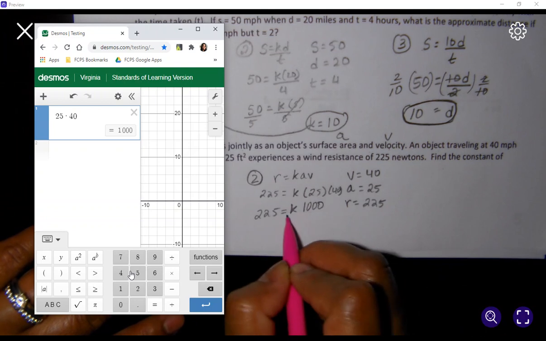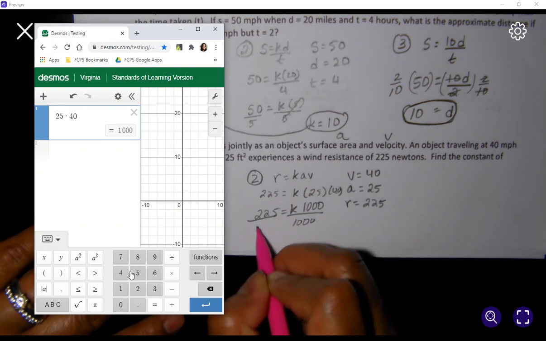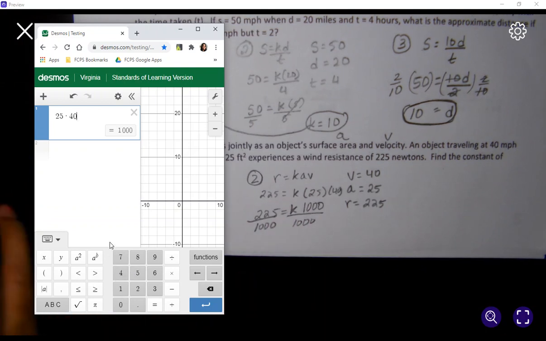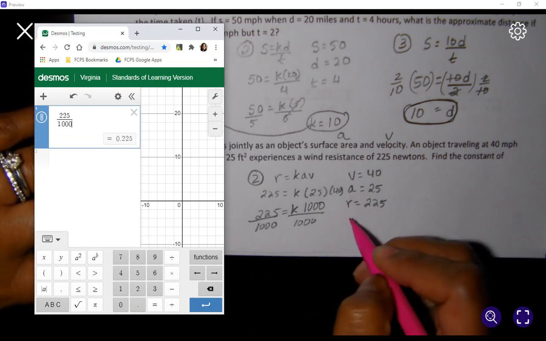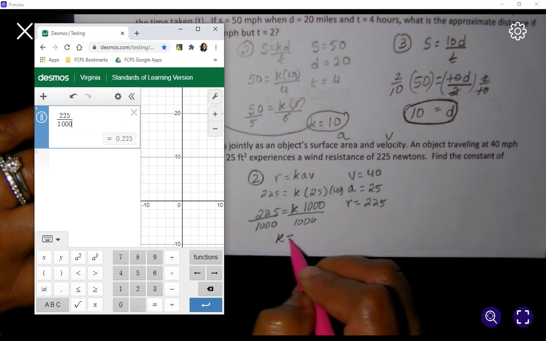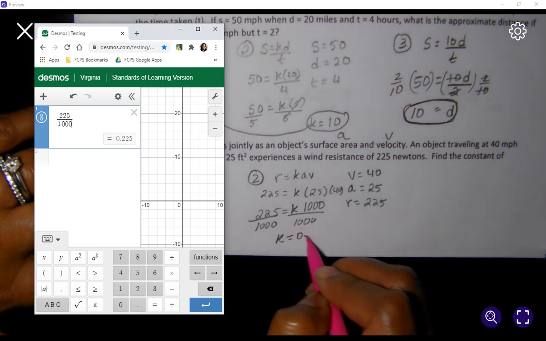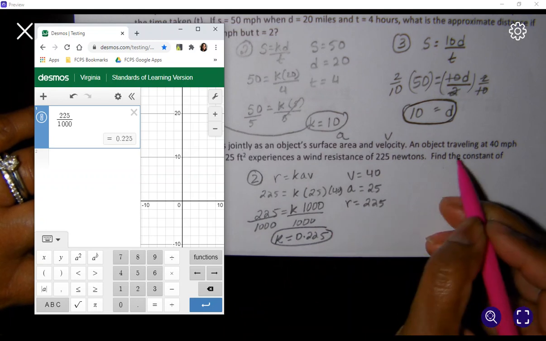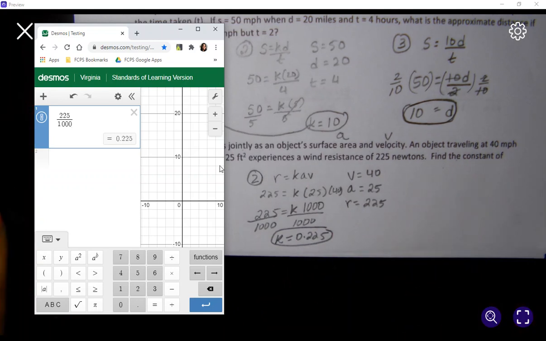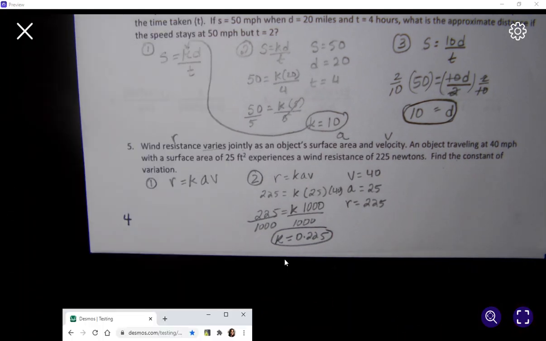And then I'm going to divide the 1000 to get k by itself. So you have here 225 divided by 1000. So that is k equals 0.225, and I'm going to stop here because it's asking you for the constant of variation. Constant of variation is the k from our equation. Okay?